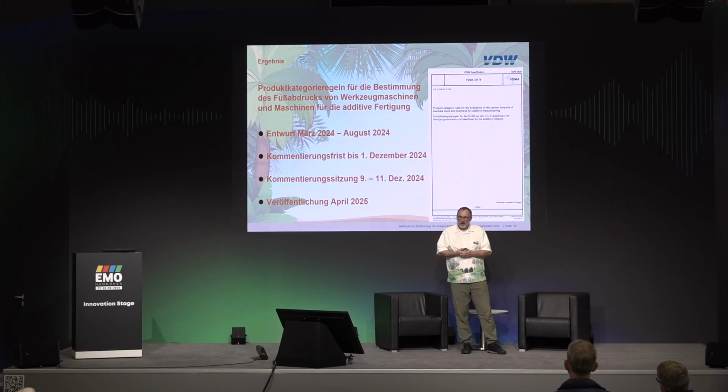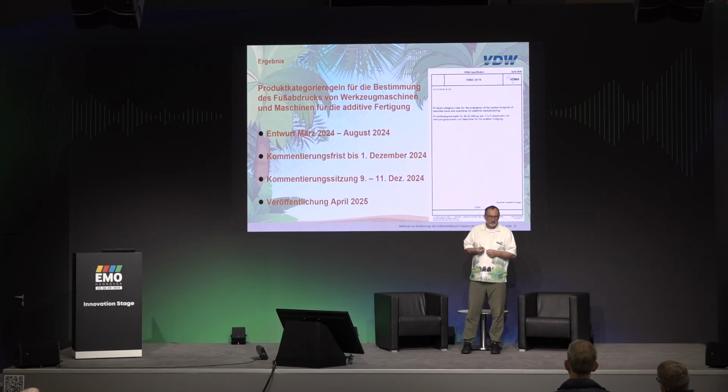That's the VDMA specification, and it took us 6 months to prepare all the content and develop the method. And then there was a commenting period, which lasted half a year. That's the way it is for VDMA. It's almost like a standard. And then all of the comments that were sent in were incorporated, and it was then published in April of this year. So how does the method look?